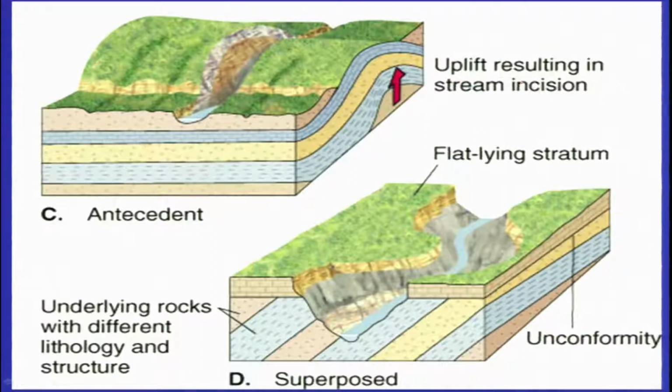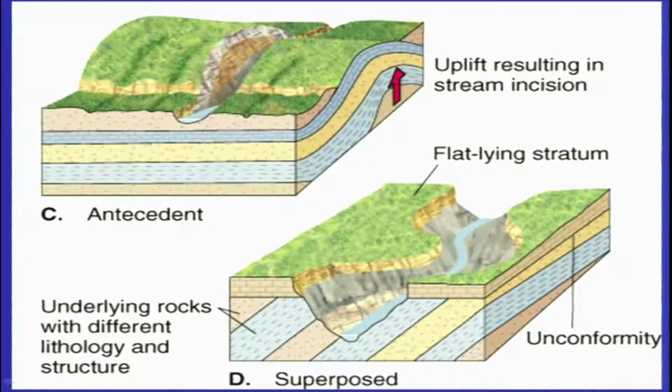In one of the photographs which I was showing, where we were talking about the strath terraces, you will be able to demarcate easily that close to the hill front or the mountain front, you have deeply incised valleys. So these streams have cut through this uplift here. So these are termed antecedent streams.